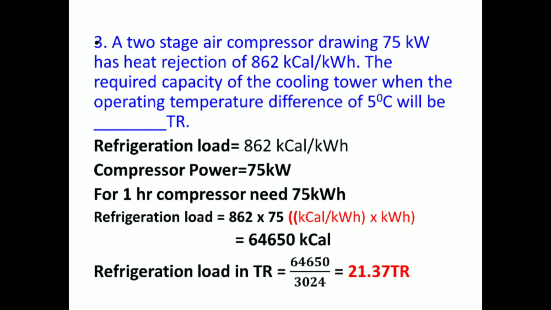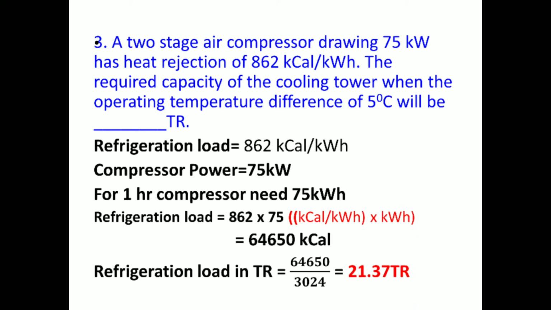So here heat rejection is given as 862 kilocalorie per kilowatt hour. The compressor power is given as 75 kilowatt. So the operation is for 1 hour. So for 1 hour you have to find out the kilowatt hour. So for 1 hour the compressor needs 75 kilowatt hour.